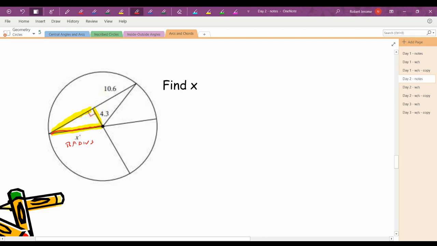So we're looking for x. We already know 4.3. And remember, we already know this side also, because here we have a part of a radius, so it bisects the chord. So there's the three parts of our triangle.